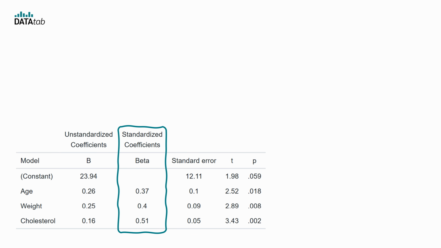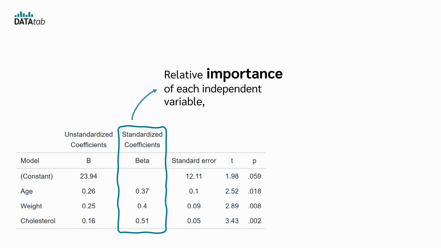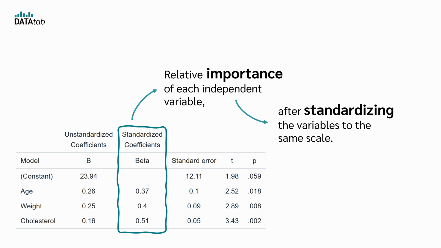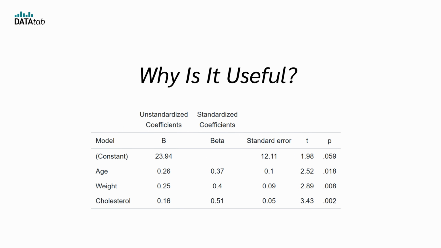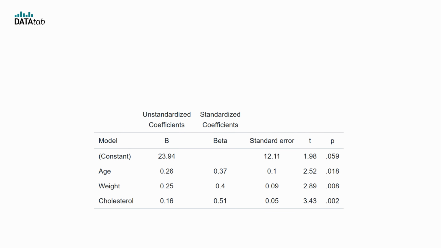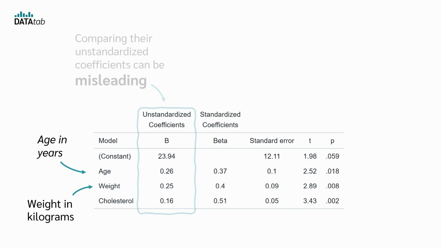And what about the standardized coefficients? The standardized coefficient tells us the relative importance of each independent variable after standardizing the variables to the same scale. Why is this useful? Our model includes variables measured in different units, such as age in years, weight in kilograms.